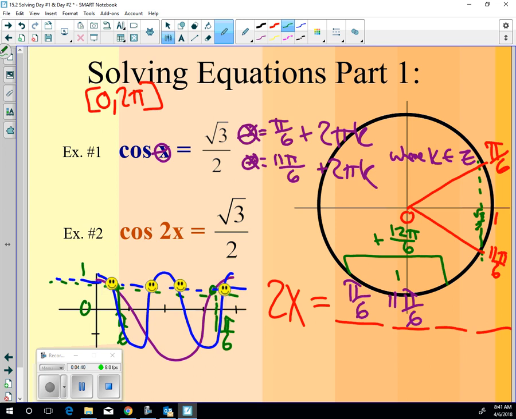So we're going to add 12 pi over 6 to each of these. So pi over 6 plus 12 pi over 6 is 13 pi over 6. 11 pi over 6 plus 12 is 23 pi over 6. Okay? Doing okay? Now solve for x. What do you do to solve for x?